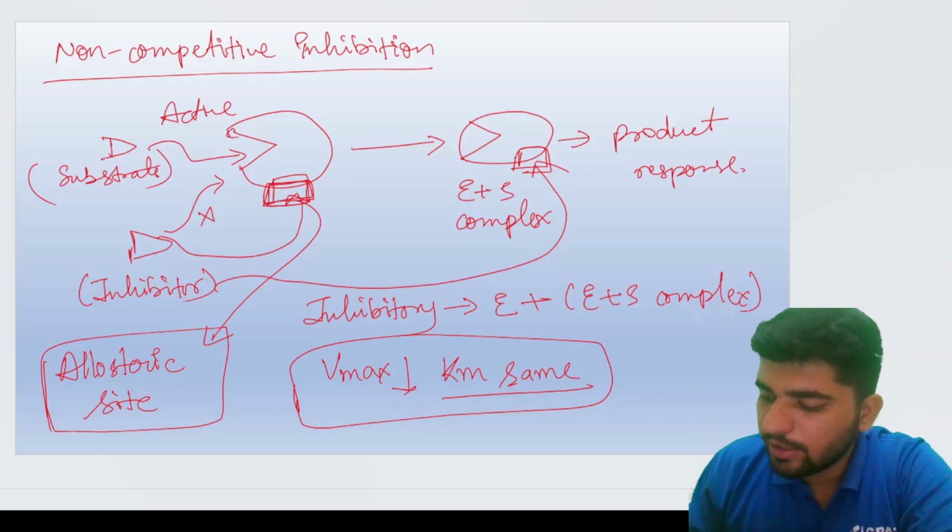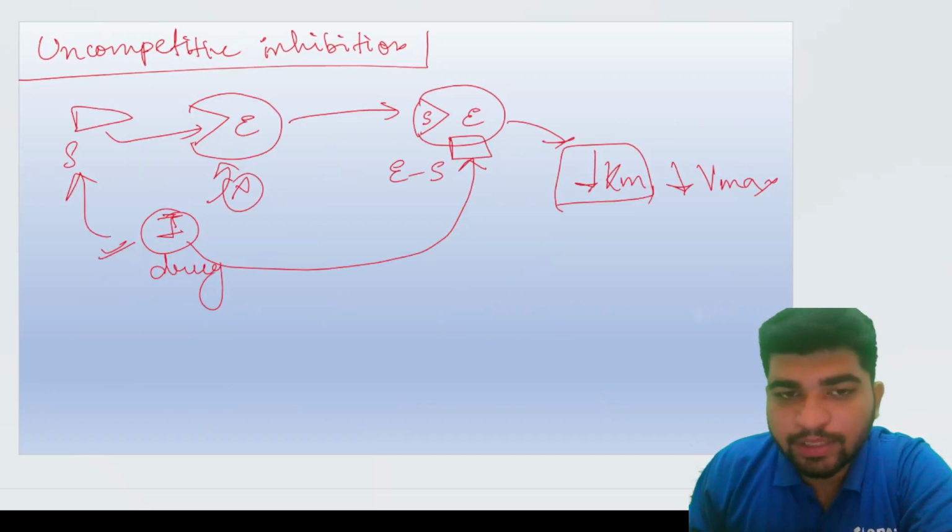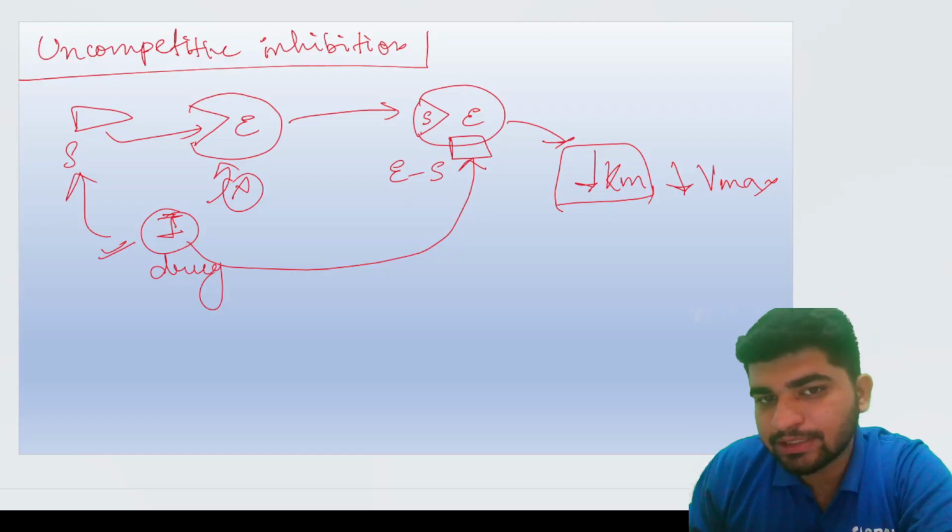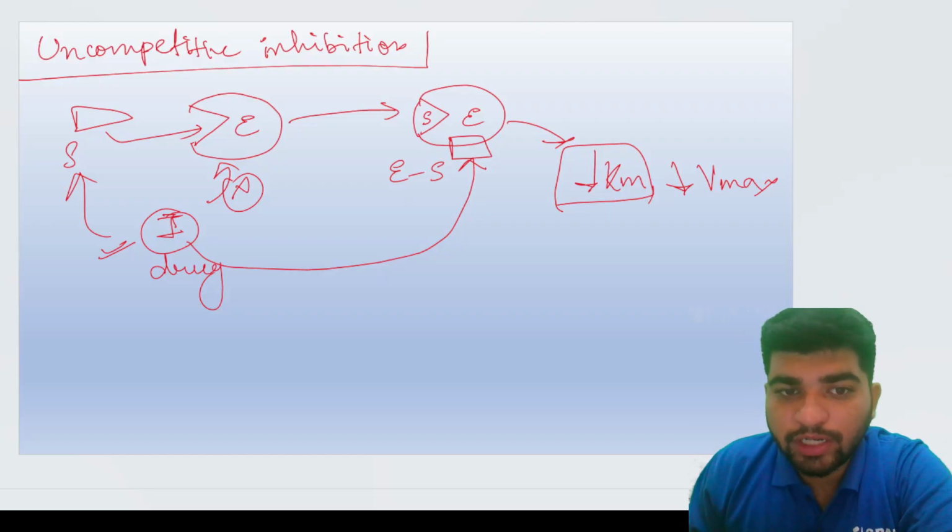All right. But if we talk about the uncompetitive inhibition, substrate has much affinity against the enzyme. Correct? Substrate has a lot of affinity against the enzyme because there is no counteraction of inhibitory drug over here.